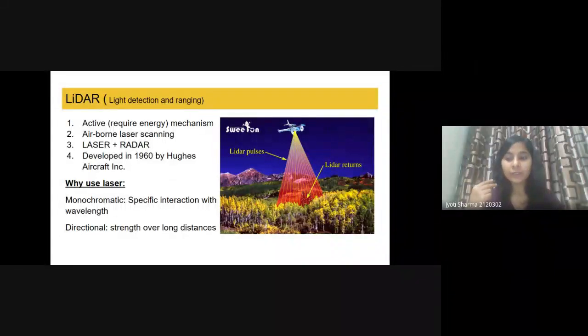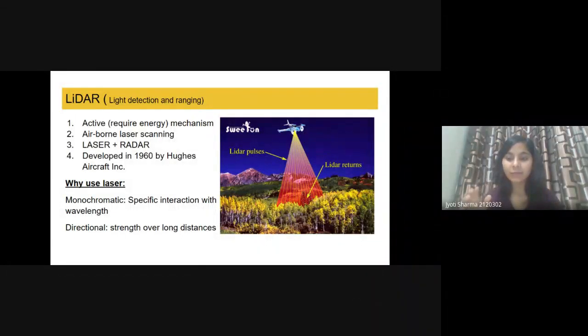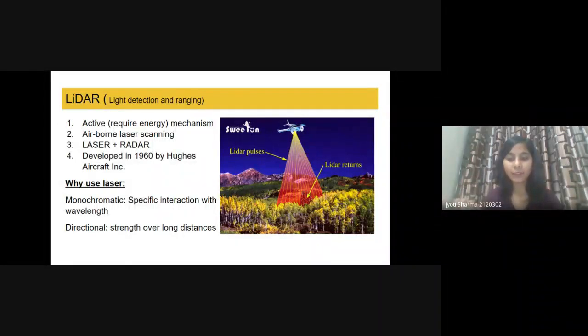So we know the time taken to reach the sensor, and this time should be halved because it went there, struck, and returned back. So it will be t by 2, time upon 2, because it traveled double the distance. So you have the speed of the radiation, and you have the time.